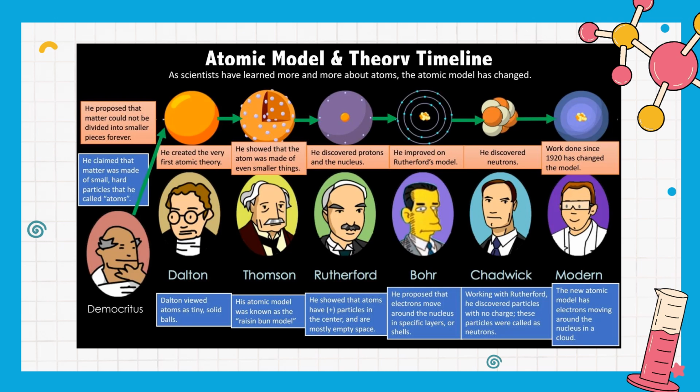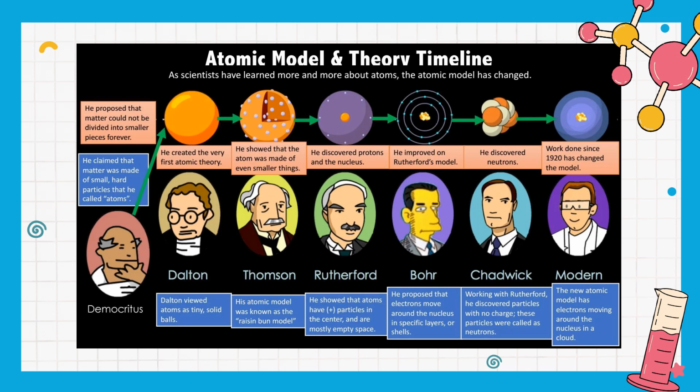Next is Niels Bohr. He proposed that electrons move around the nucleus in specific layers or shells. He improved on Rutherford's model. Next to Niels Bohr is James Chadwick. Working with Rutherford, he discovered particles with no charge.